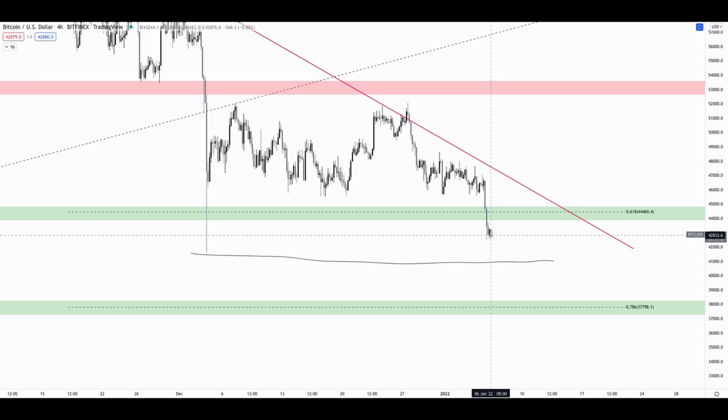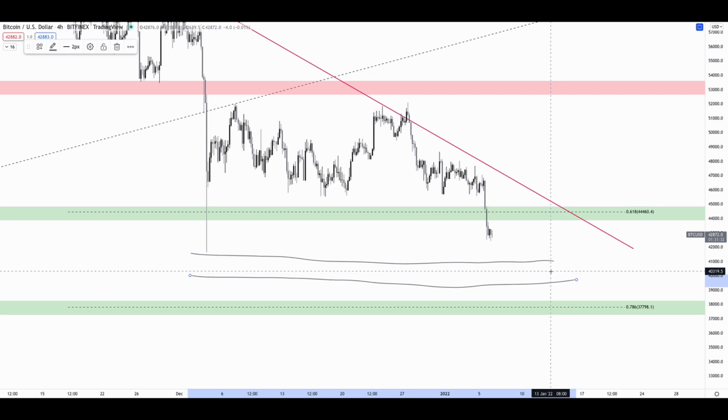So going back to the concept of the price not touching the support region exactly where it is, I think it should touch somewhere above or below it before we can see a proper bounce, if we don't see one right now. And essentially, if we tap below 42K, below the support line that everyone has their eyes on, the next logical support that people have their eyes on is the 40K region, which is the psychological support.